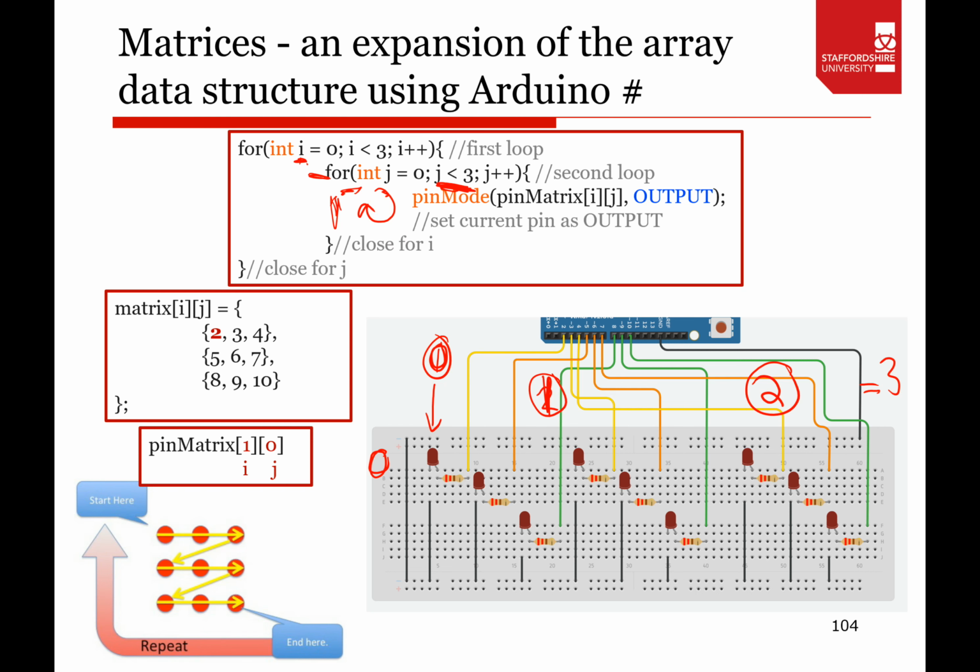So we jump out to the outer loop of the nested loops and then increase the row number to 1. This is our second iteration of the loop. So we would then go to column 0, column 1 again, and column 2.